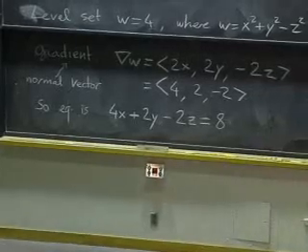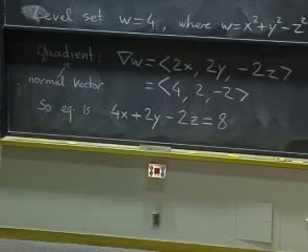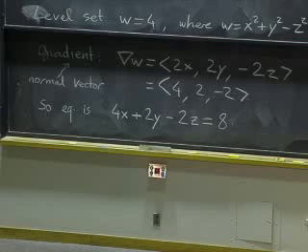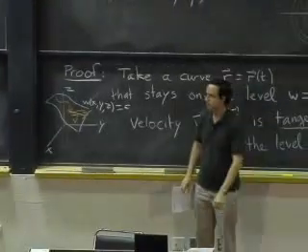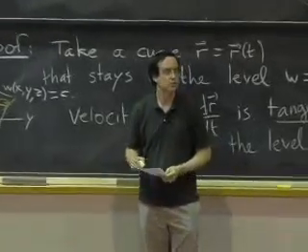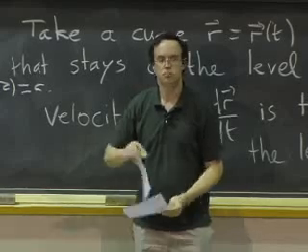Of course, we could simplify by dividing everything by 2, but it's not very important here. So now if you have a surface given by an equation and a point on the surface, you know how to find the tangent plane to the surface at that point. Any questions? No?